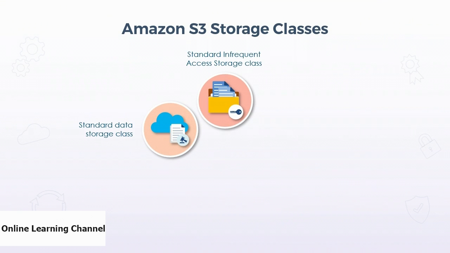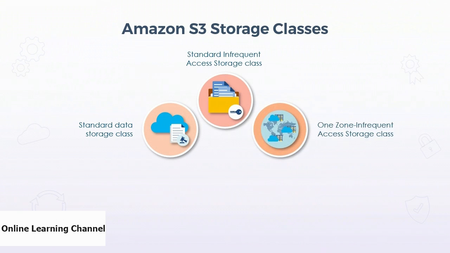There is another storage class called Amazon S3 One Zone Infrequent Access Storage class that's offered at a discount of 20% compared to the Standard IA class and is used when data that is not accessed very frequently needs to be stored. However, the data is stored in one zone and is not backed up in 3 zones, which is the case for all other storage classes.